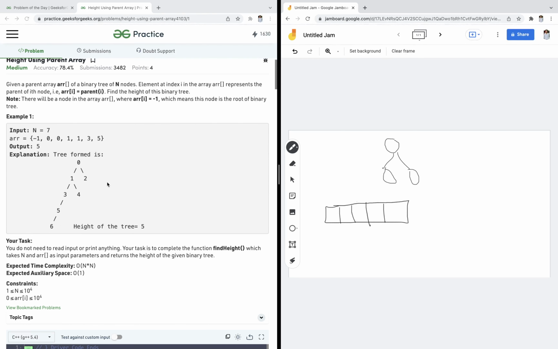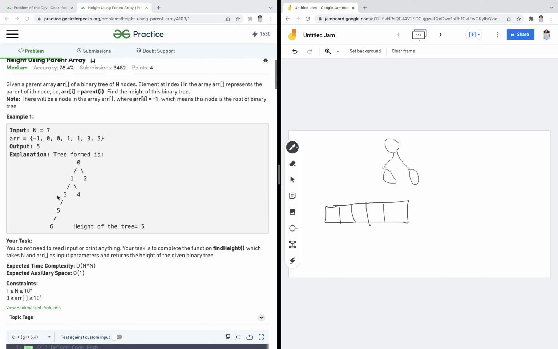If we start thinking from this side, O(n squared) means we have to run 2 loops on this particular array. One way is to find the chain, the longest branch of nodes connected together: 0 connected to 1, connected to 3, connected to 5, connected to 6.